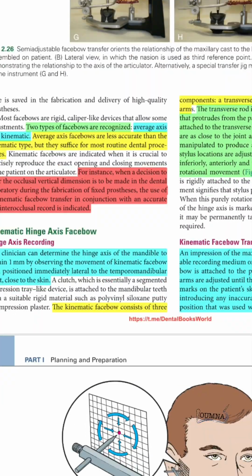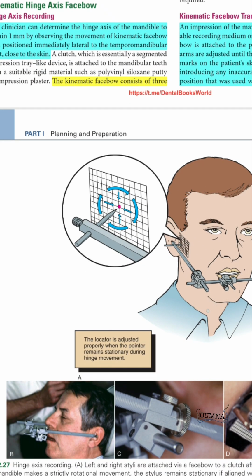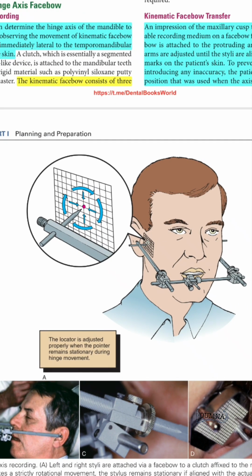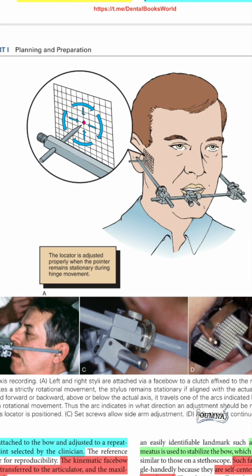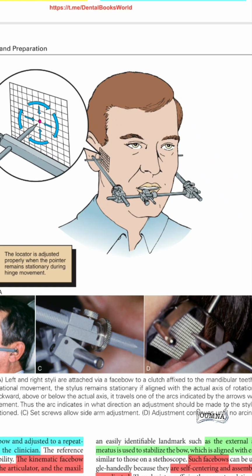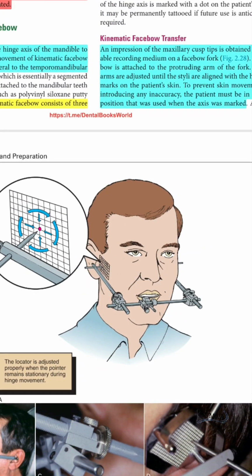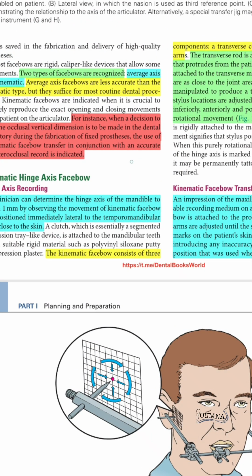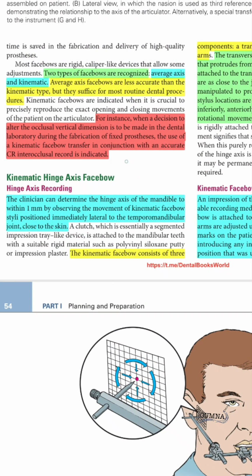On the contrary, for the kinematic, we attach it directly to the condyle, which gives more precise results, but the kinematic is usually used when we have a complex fixed prosthodontic procedure where we are going to rebuild the vertical dimension.